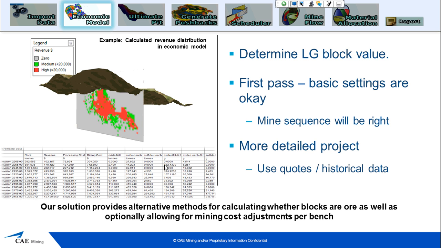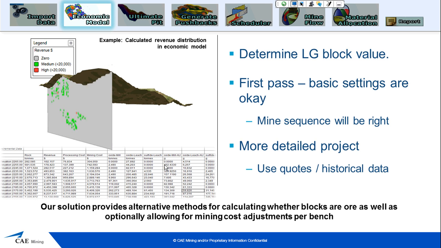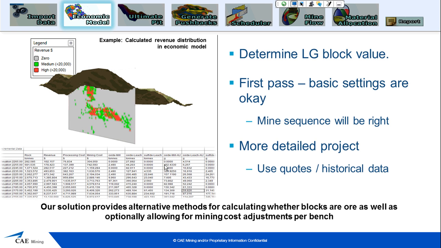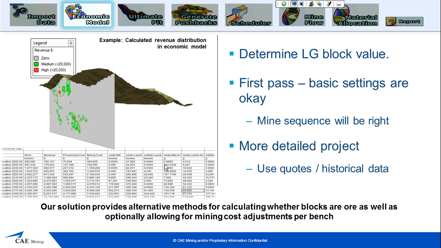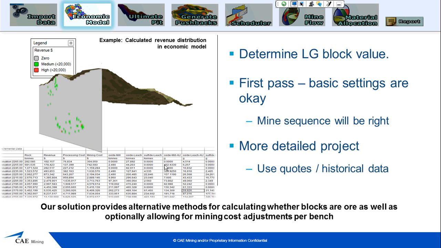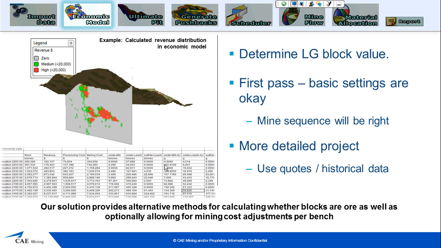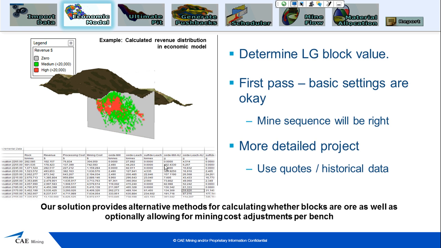So doing up the economic model, this is to determine the LG block value. If you're just starting a project, first pass, we can do basic settings. What does happen with that, as long as they're proper in terms of scale and effect, is that your mining sequence will probably be very similar to what happens when you put in more detailed costing.